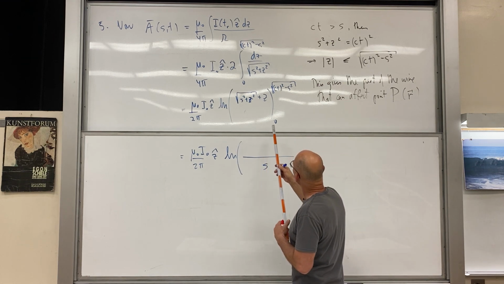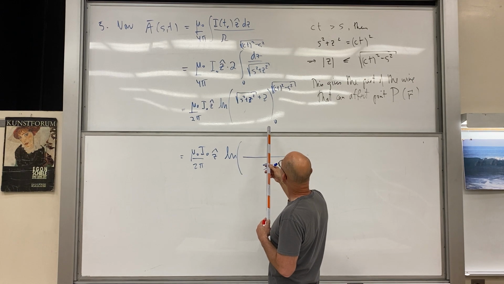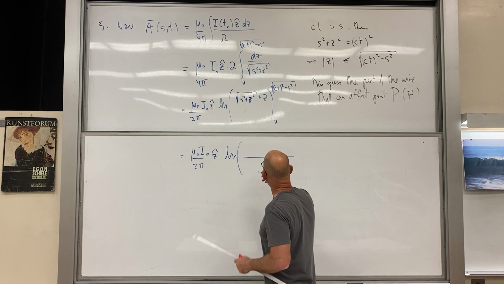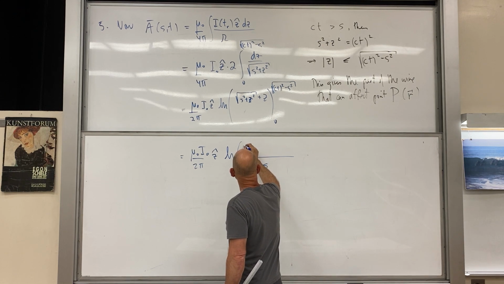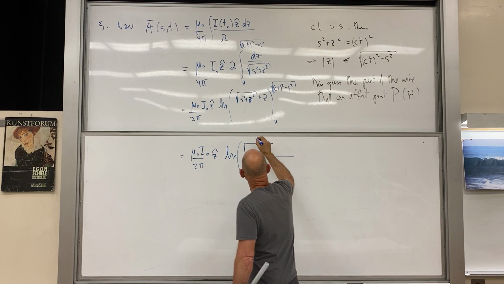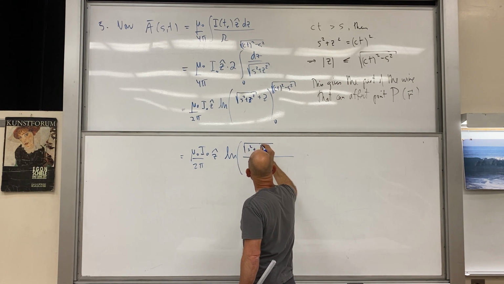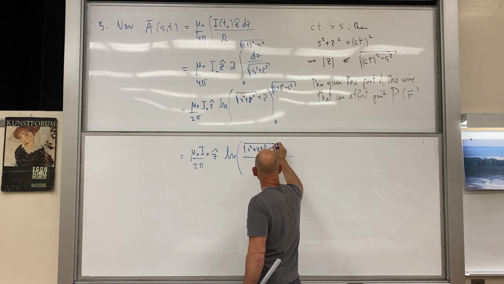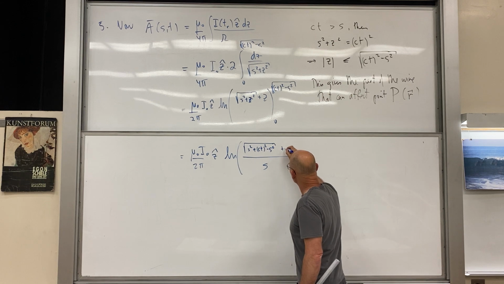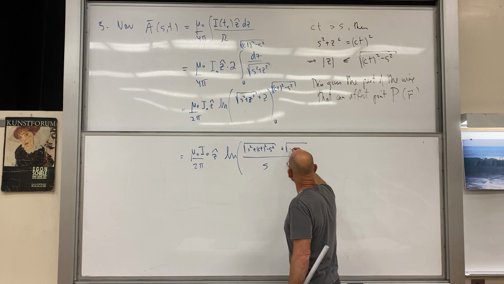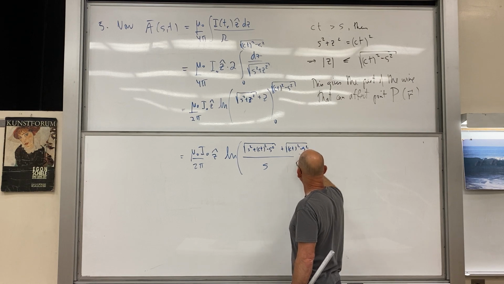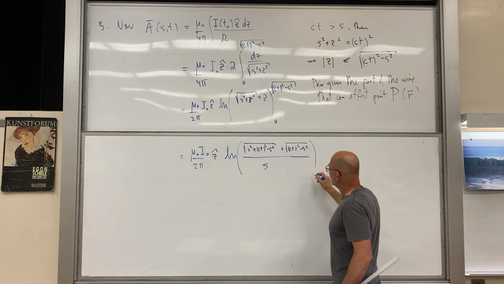It is integration with respect to z, so it's root s squared plus ct squared minus s squared plus, and that's going to go away, plus root s squared ct squared minus s squared, and that goes away.